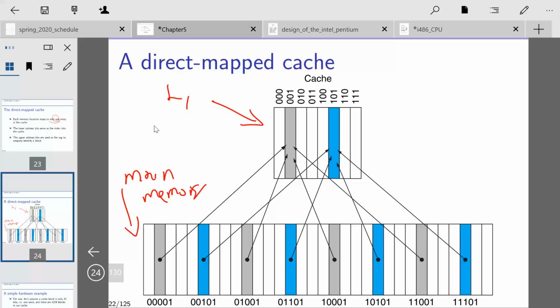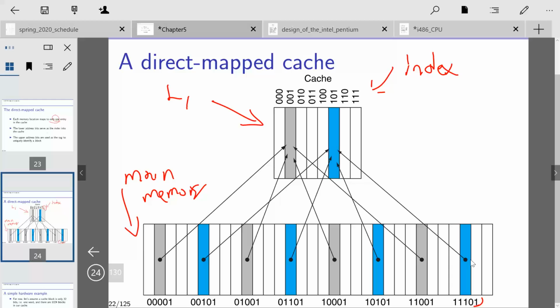Now, because main memory is larger than our cache, it requires more address space. So this is our actual address down here. I've got to use the mouse pointer. This is our address here. We take the lower bits of the address and we use that to index the cache. So this is our cache index.